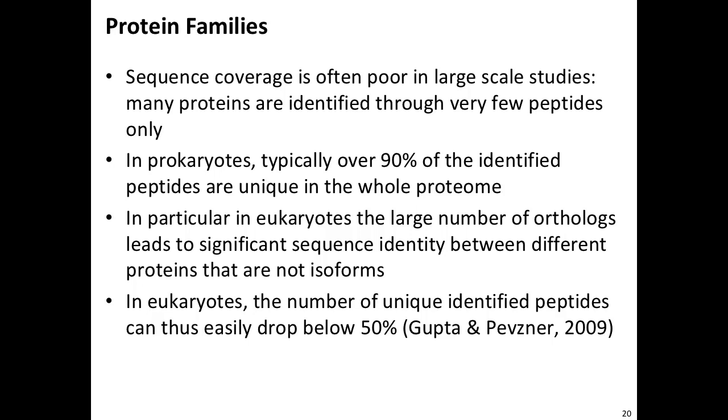In eukaryotes, if you have a large number of orthologs and if you have many splice variants, the number of unique peptides can easily drop below 50%. And that makes it hard, because if they're non-unique, are they useful? And the answer is yes, of course. If you deal properly with them, they are still useful, they still convey information, even though you might not be able to quantify everything exactly based on one of these peptides.